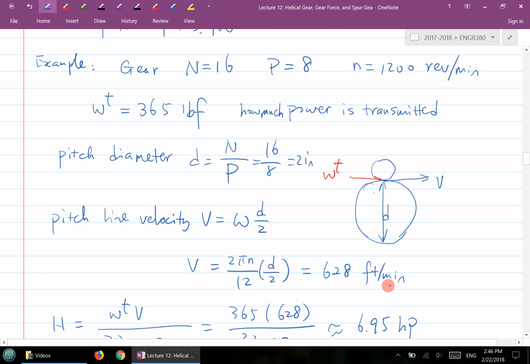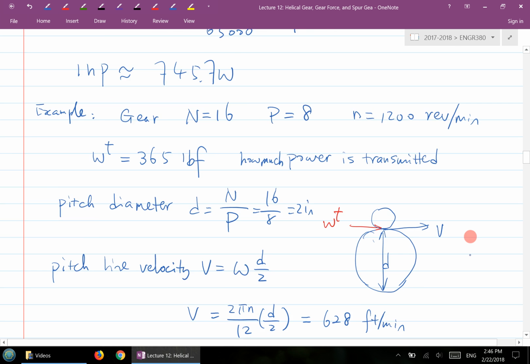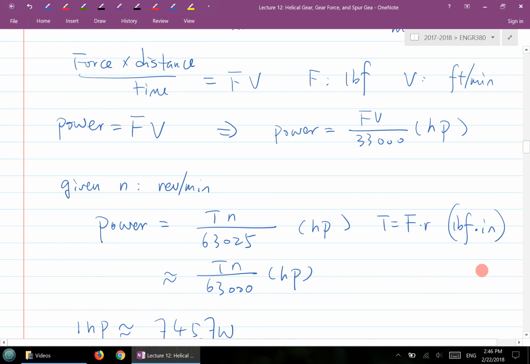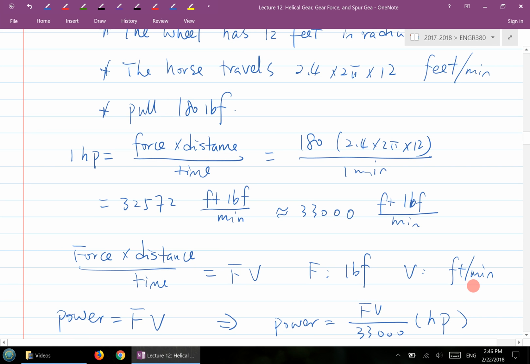We're keeping the minutes here. For the inch series, the funny thing is that V has to be in feet per minute. You see how horsepower is calculated right here. It's in feet per minute, so it's not feet per second.